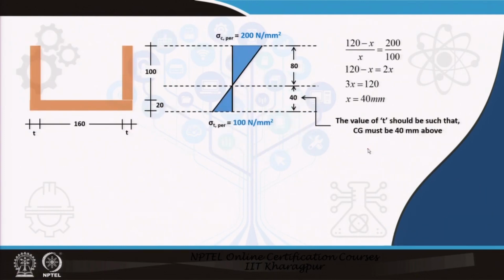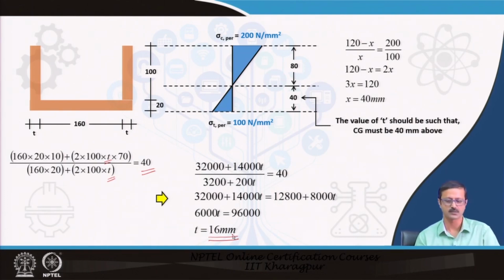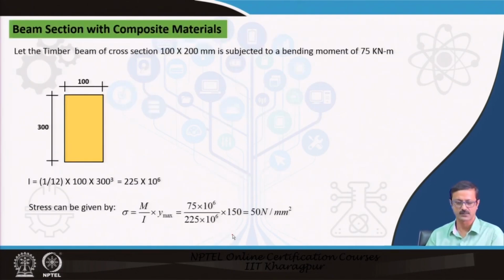So, I have then found out the CG of the sections like this, as you know, and equate that to 40 to find out the value of t. By calculating I found out the value of t as 16 mm. So, the 16 mm has to be the thickness of those two strands to make it possible that both the compression permissible and the tensile permissible, 200 and 100, achieve simultaneously.